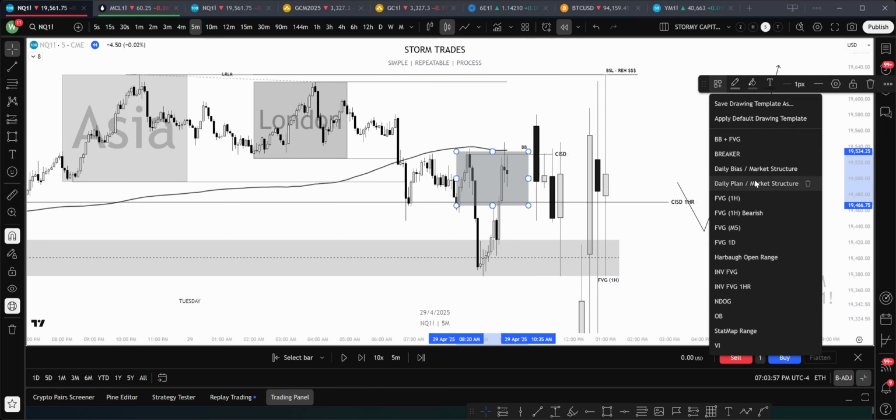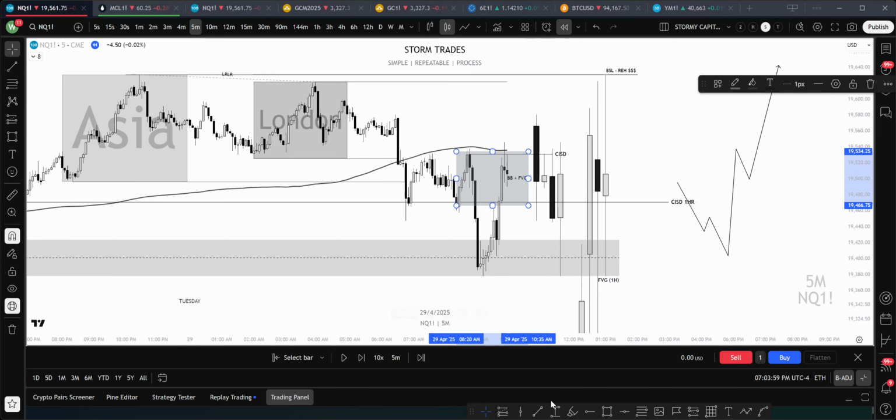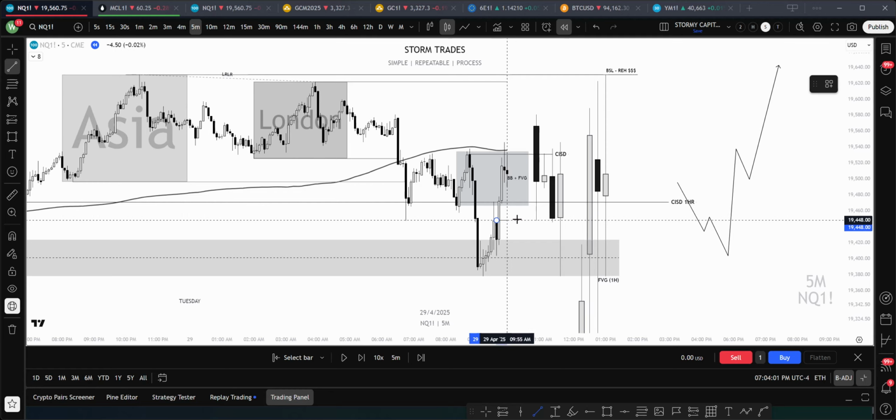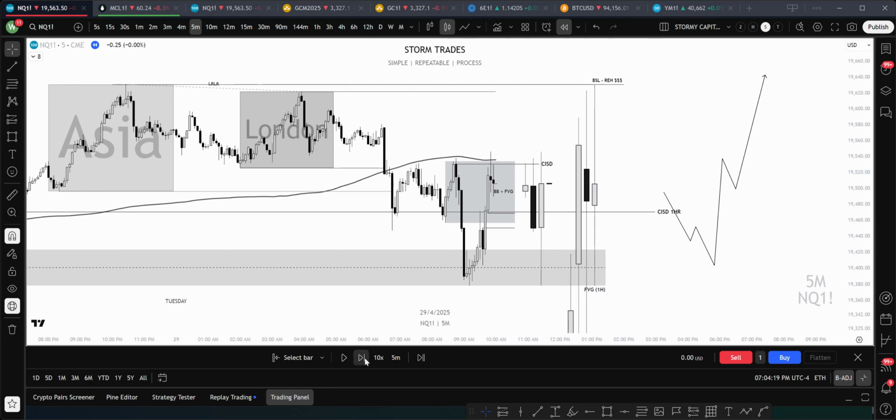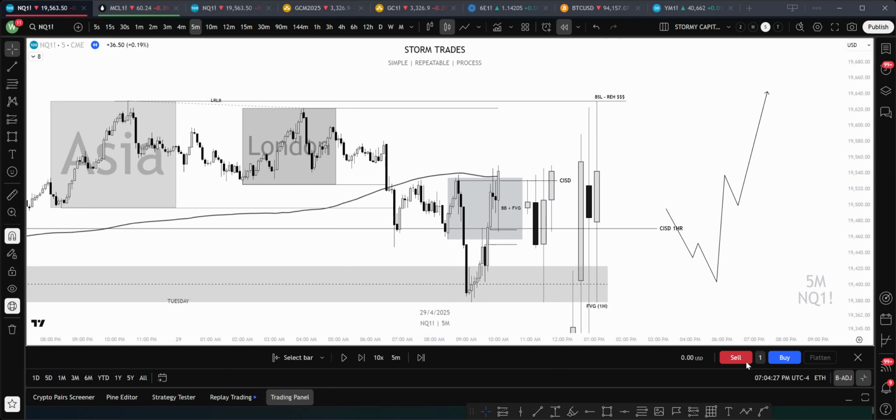This is actually a unicorn, because we have this unmitigated fair value gap down here that we would expect to act as a propulsion block and not get traded back into. Okay. So as soon as we get a close above this change in the state of delivery order block and above the unicorn, I took an entry right here.